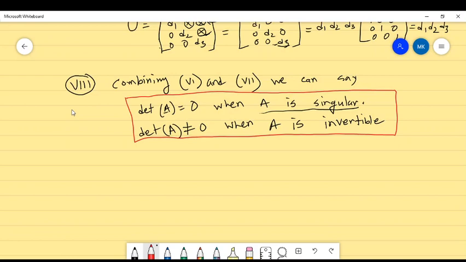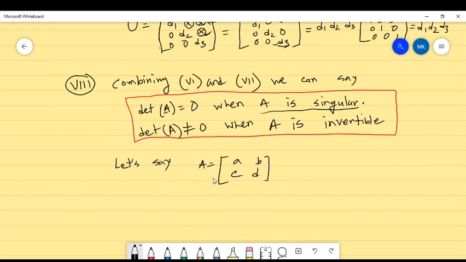So let's see a short example of how we can find the determinant of a matrix. Let's say our matrix A is [a, b; c, d].